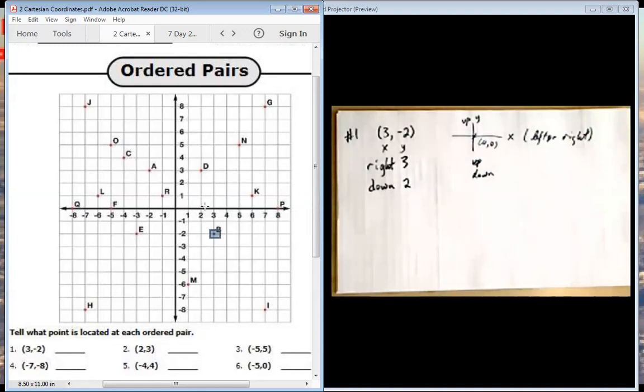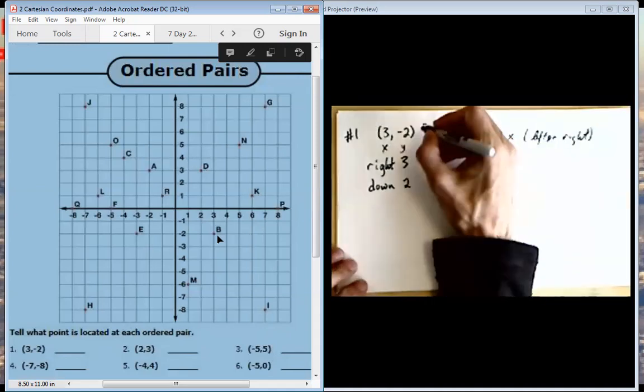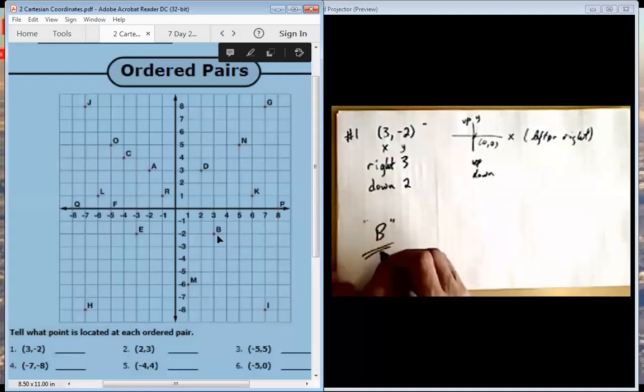We've gone to the right by 3, down by 2. What letter is that there now? It's at -2. What letter is that there? B now, right? So for number 1, that's what we know now. It's going to be point B in there for number 1.